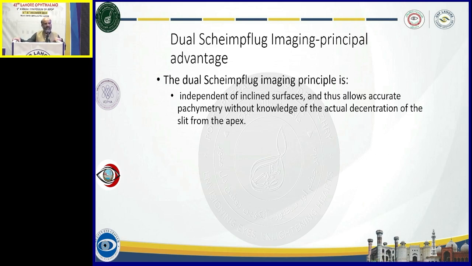So I feel that in my country at least, our residents and our young consultants need to understand these two topography reports. One is Galilei and one is Pentacam, because of the economic limitations, we cannot meet the ideals every time.